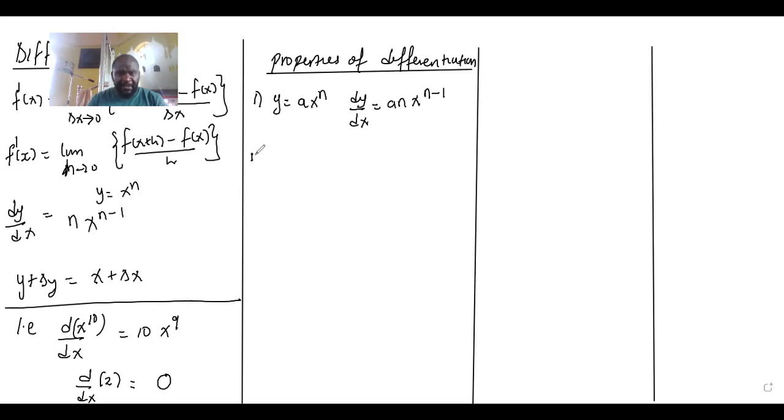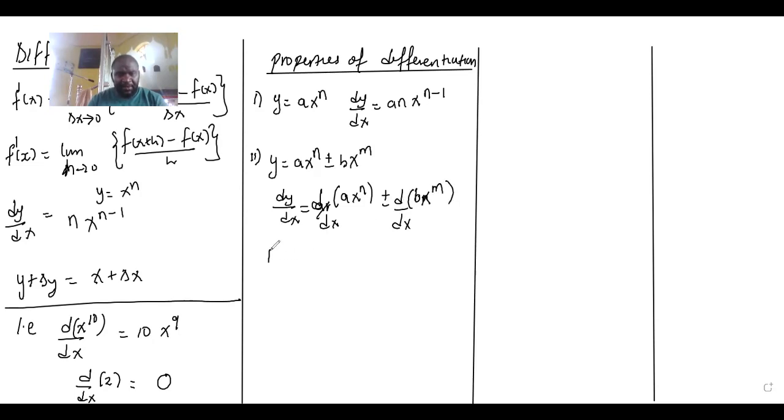That is the first property. The second property: if I have y is equal to ax to the power n plus or minus bx to the power m, then dy/dx will be the derivative with respect to x of ax to the power n plus or minus the derivative with respect to x of bx to the power m.